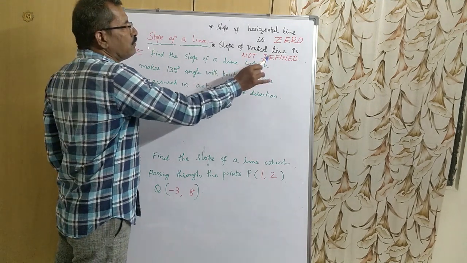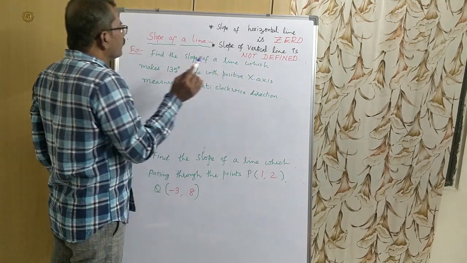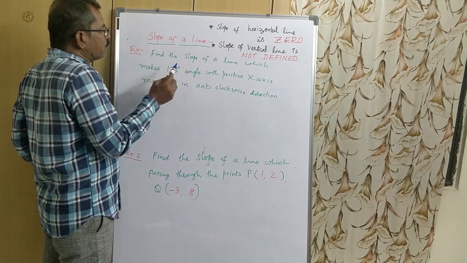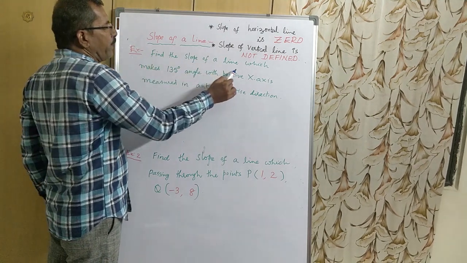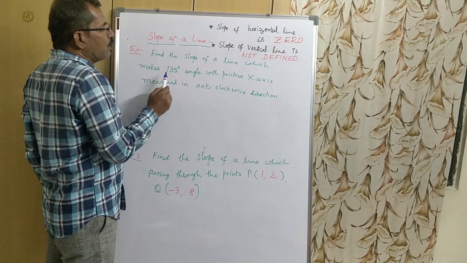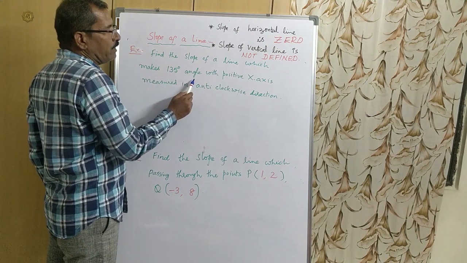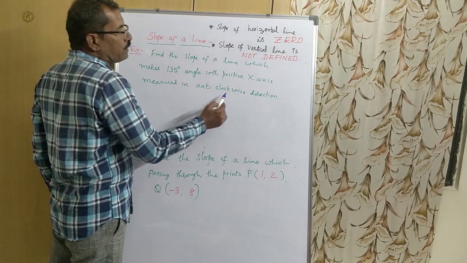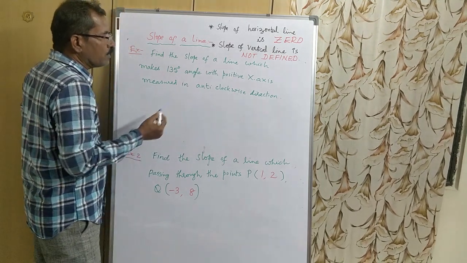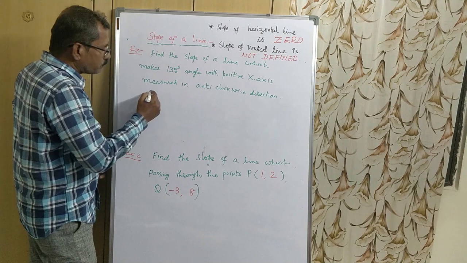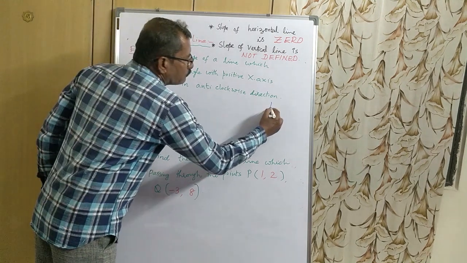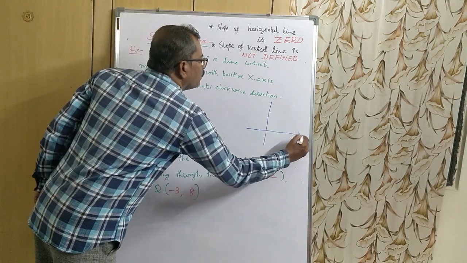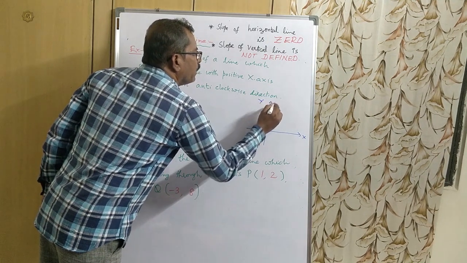Now look at this example. Find the slope of a line which makes a 135 degrees angle with the positive x-axis measured in the anti-clockwise direction. See here, x-axis and y-axis, the line is like this.